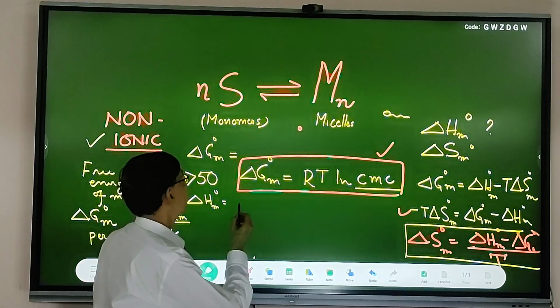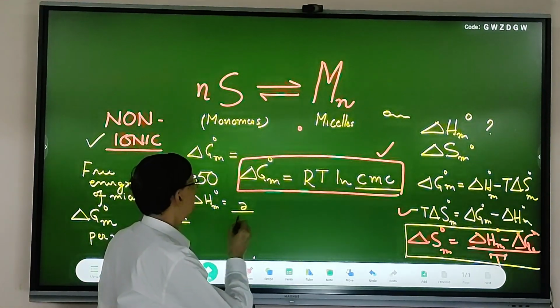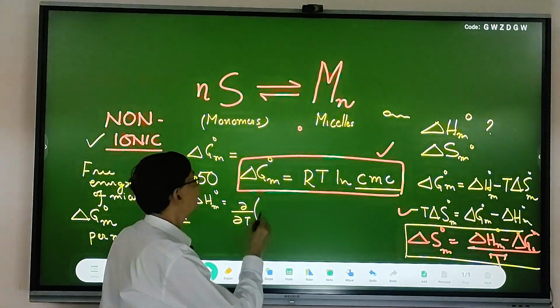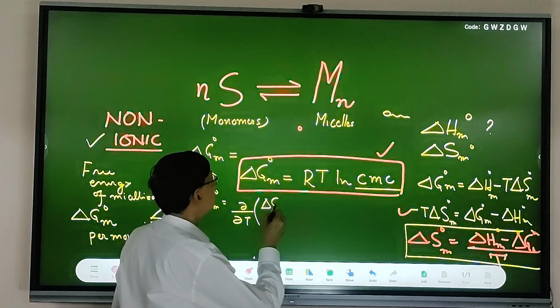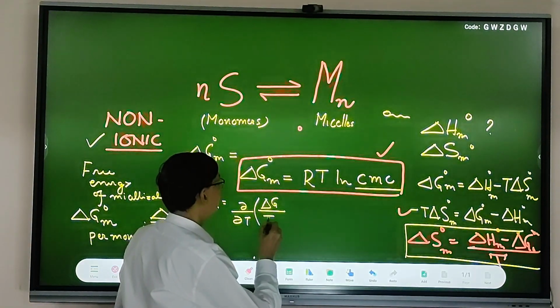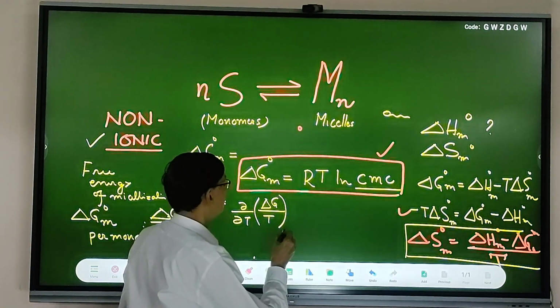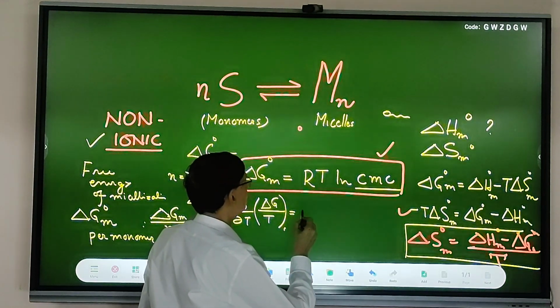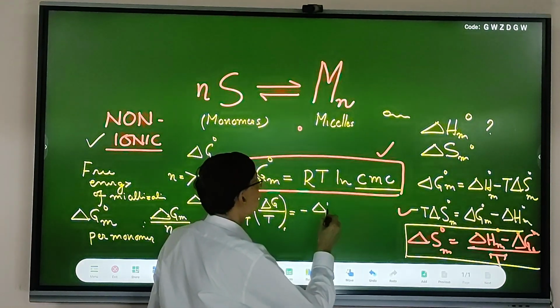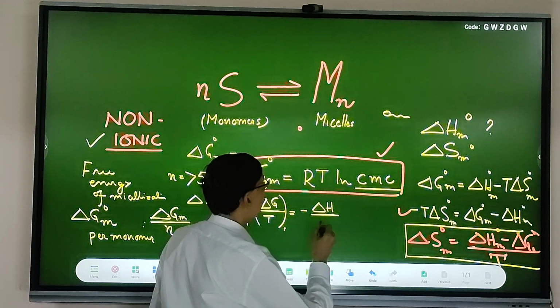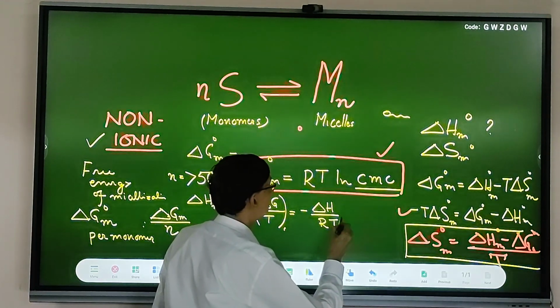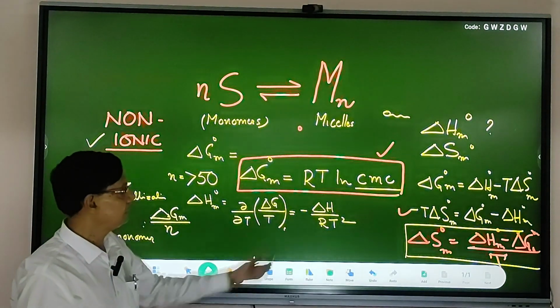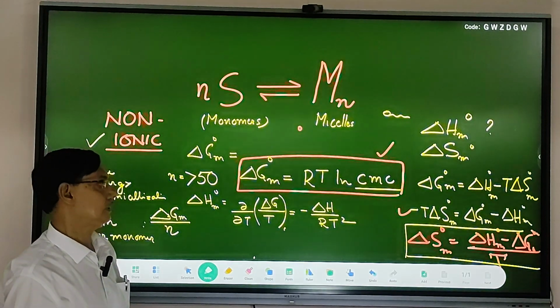One of the forms, I think you know these things, is d by dT of delta G by capital T is equal to minus delta H by R T square. It is one form of the Gibbs-Helmholtz equation.